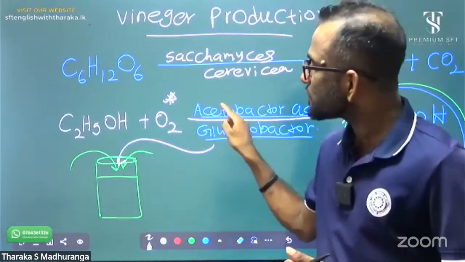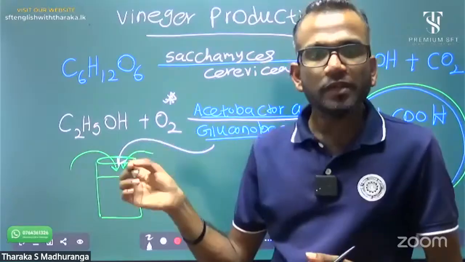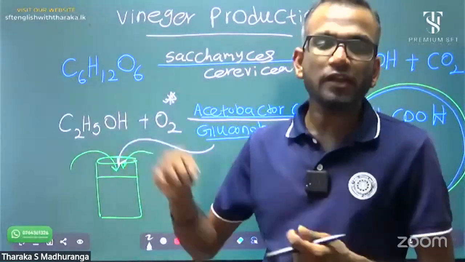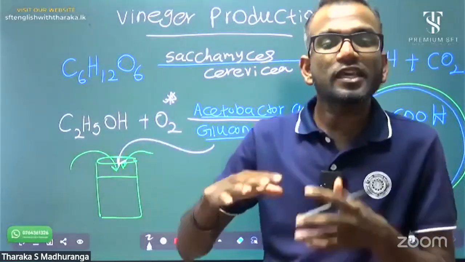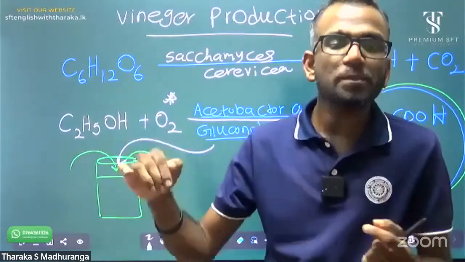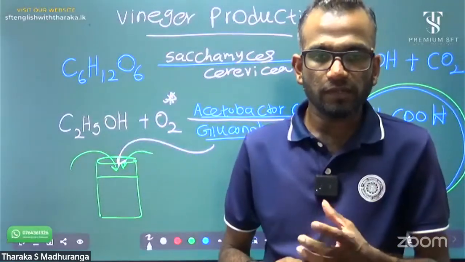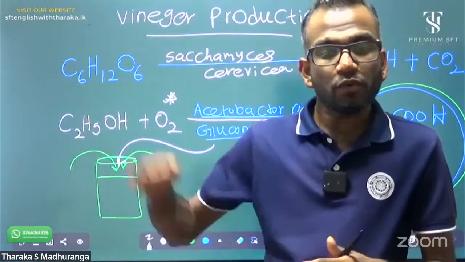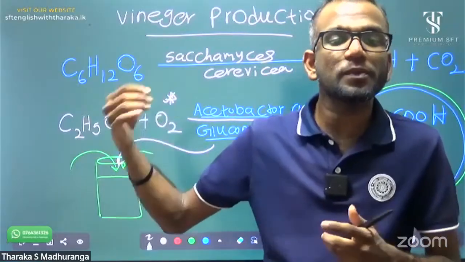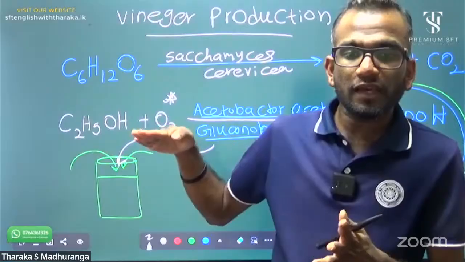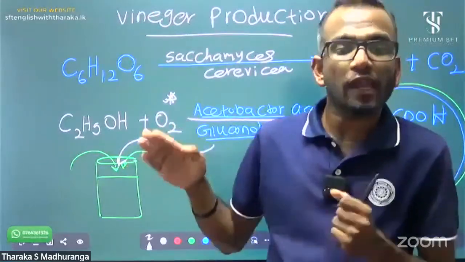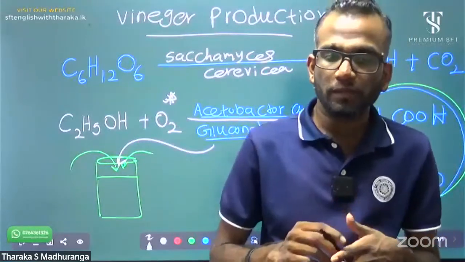Then you can introduce 1 spoon of already prepared vinegar and keep it open. For what? To supply oxygen. Keep it open. If you close it, the Acetobacter will be destroyed because anaerobic conditions are toxic to them. Acetobacter is a completely aerobic microorganism, as we discussed in the morning.